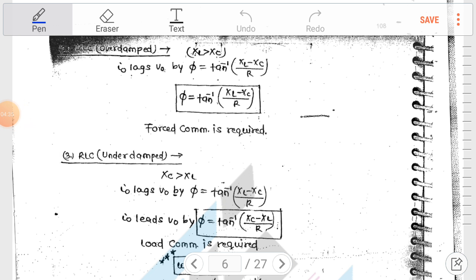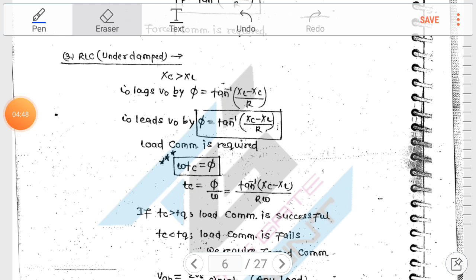We can see for RLC overdamped, XL is greater than XC and the power angle can be determined by tan inverse of XL minus XC by R. For RLC underdamped condition, XC is greater than XL and the expression tan inverse of XL minus XC by R gives a negative value, so we can convert it to a positive value by tan inverse of XC minus XL by R.